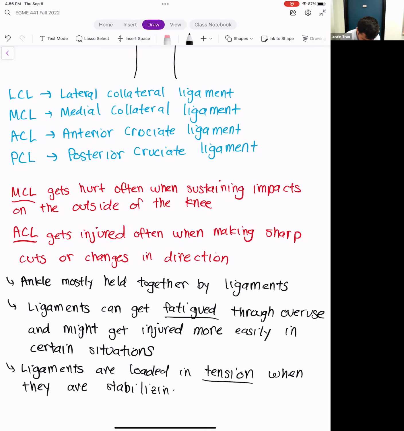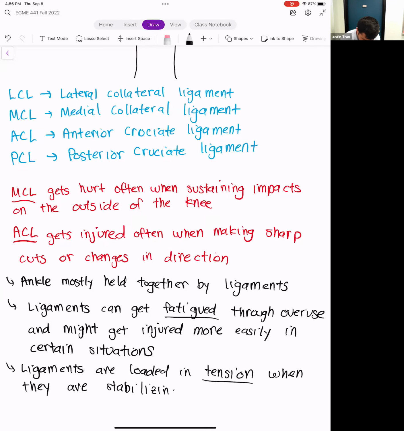And so that's different from pushing two bony surfaces together through compression, right? When the ligament's doing its job, it's being stretched. Think of a supporting cable for a suspension bridge. When that cable needs to be working because it's sustaining a lot of weight, that cable is in tension. So ligaments are kind of the same way.